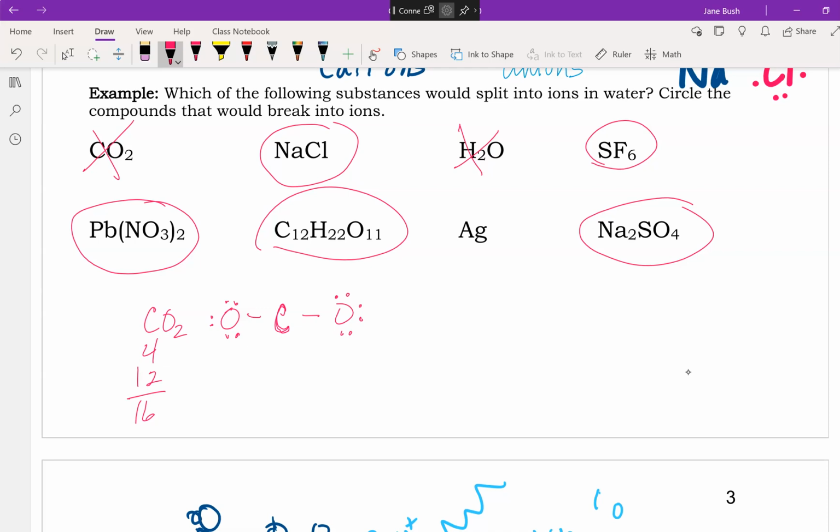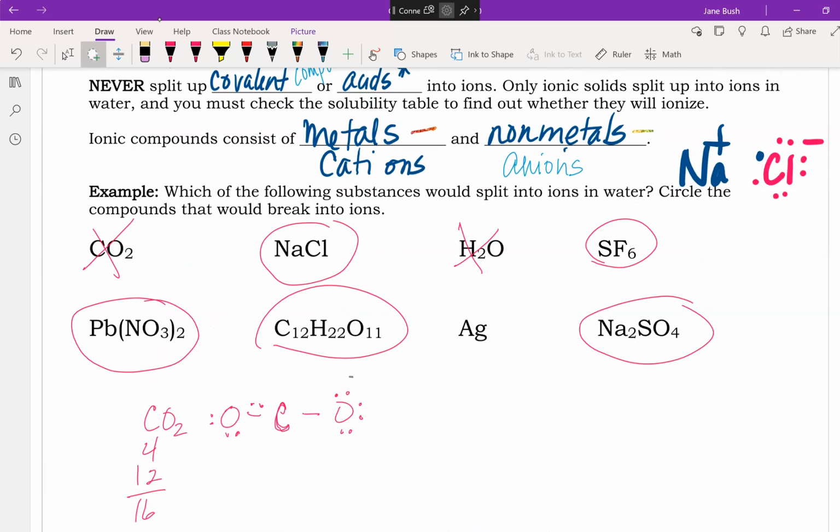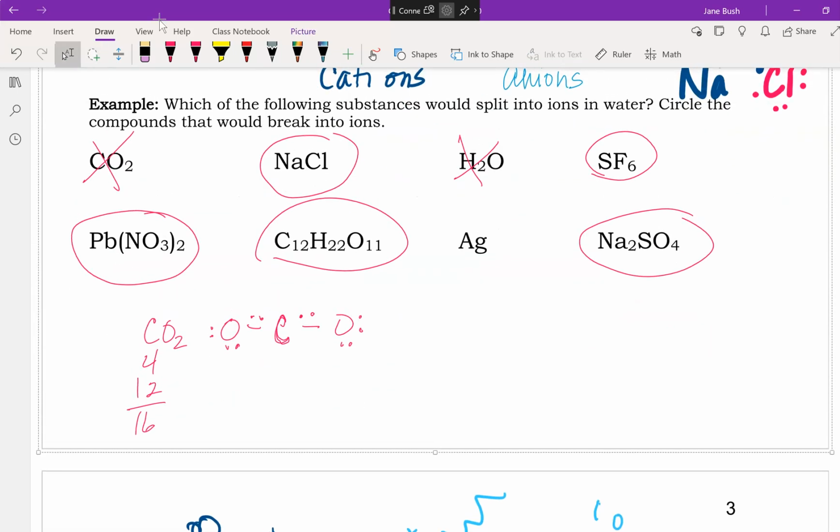Does my carbon have enough electrons around it? No. It needs a total of 8. So we're going to move these, those 2 over, and those 2 over. And we call that a double bond.